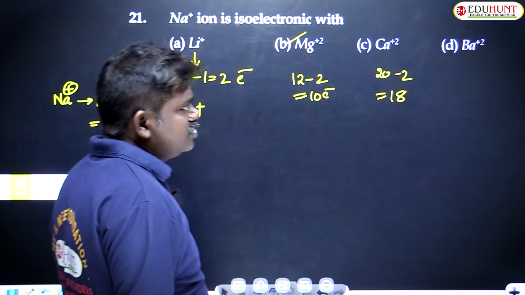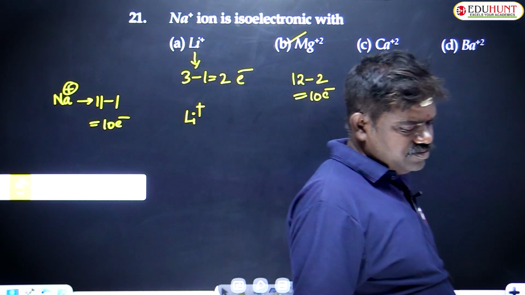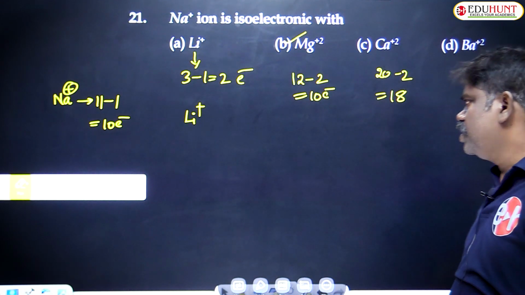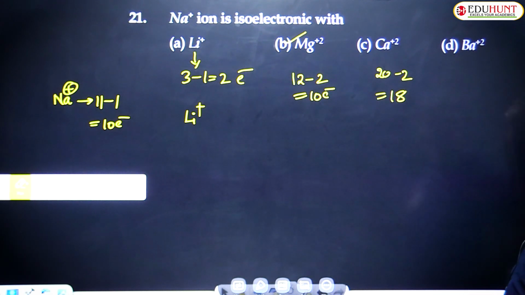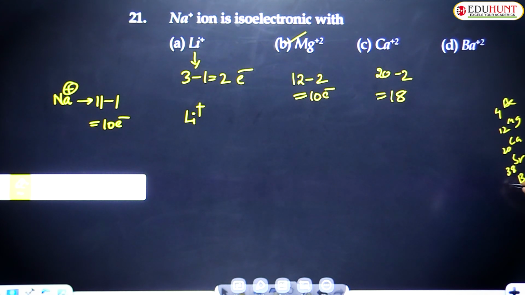Generally we know barium is a second group element: beryllium, magnesium, calcium, strontium, barium. Beryllium atomic number 4, magnesium 12, calcium 20, strontium 38, and barium is 56.